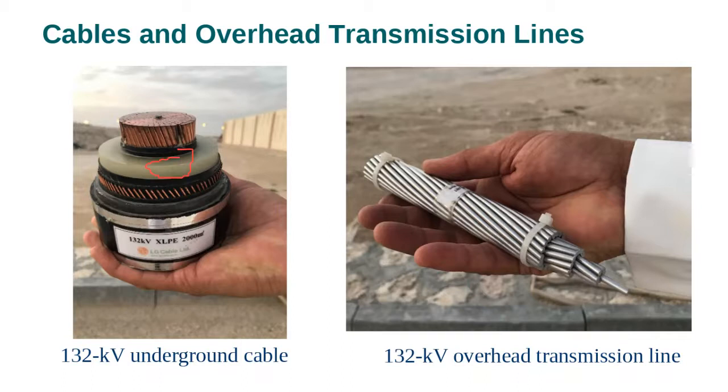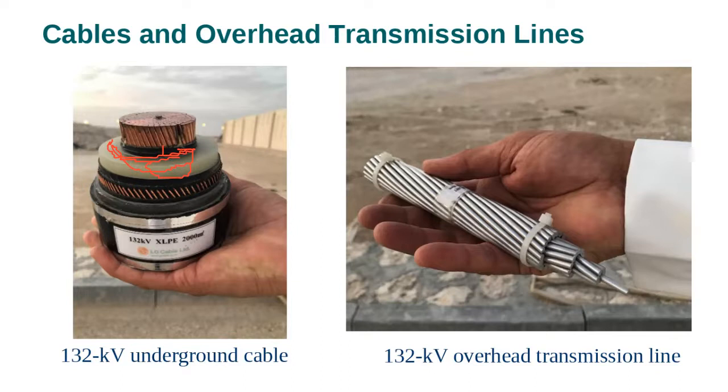This is also cooled by oil under pressure, so there will be oil in here, close to the conductor. It's called oil impregnated. The pressure of the oil lets us cool the conductor.